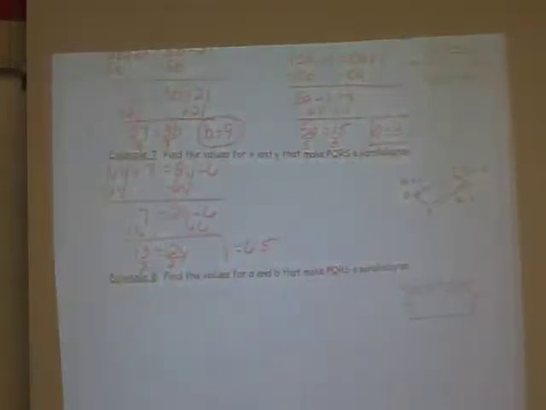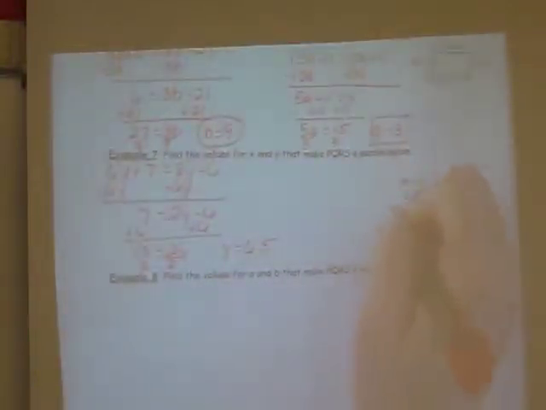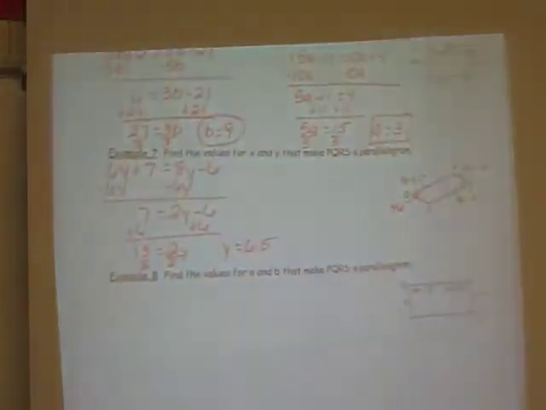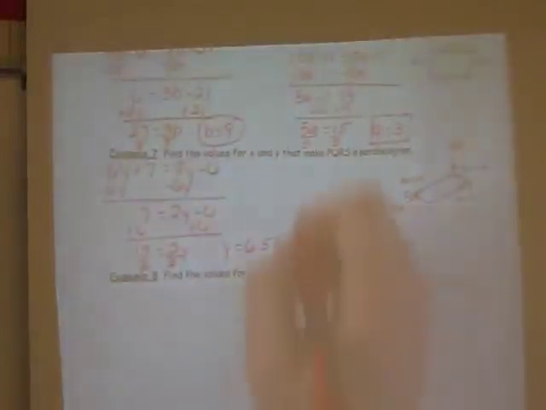And in order to figure out the other side, we're going to have to figure out one of these angles. So we are going to do 6 times 6.5 plus 7. Took this value and put it in for here. And that makes this angle right here 46 degrees. Well, these two angles together add up to 180. So if we do 180 minus 46, this angle is 134 degrees.